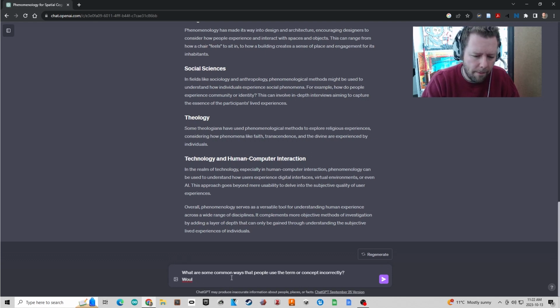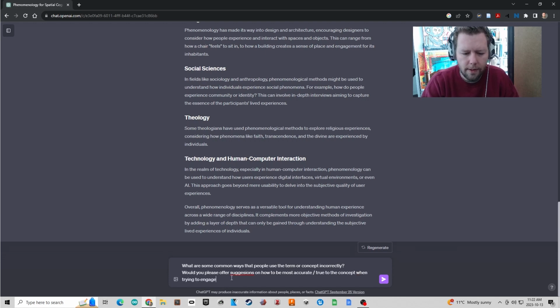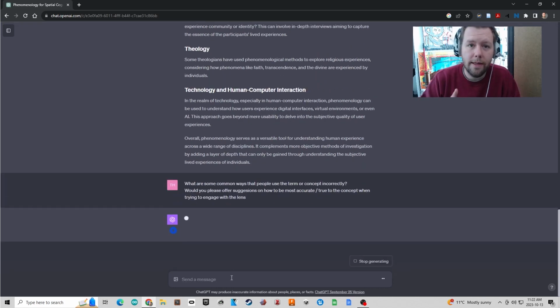Would you please offer suggestions on how to be most accurate and true to the concept when trying to engage with the lens. I'm going to call it a lens.